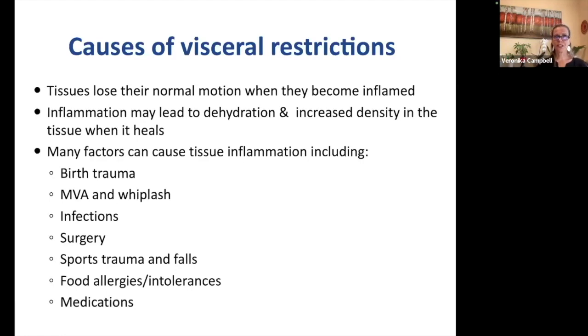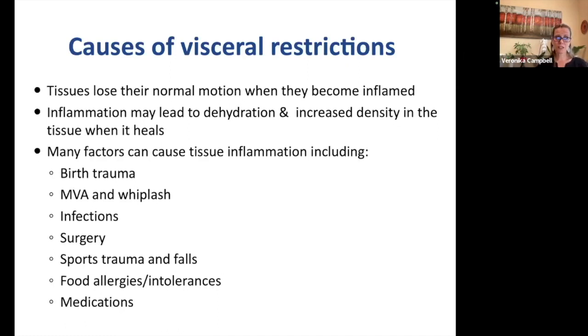Surgeries, of course, we understand tissue has to heal, right? Think of a total knee scar. What about those scars that happen on the inside when somebody's had a C-section or an appendectomy or a cholecystectomy? All of those things start to influence how that tissue can slide and glide. Sports traumas, collisional forces, concussions, falls onto the coccyx can affect the whole system.